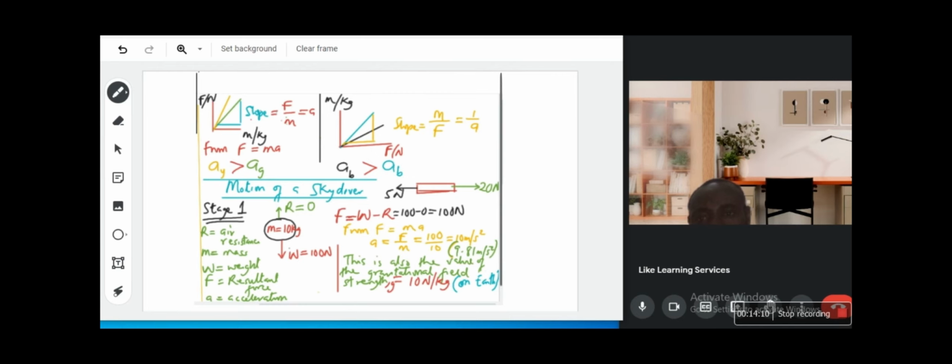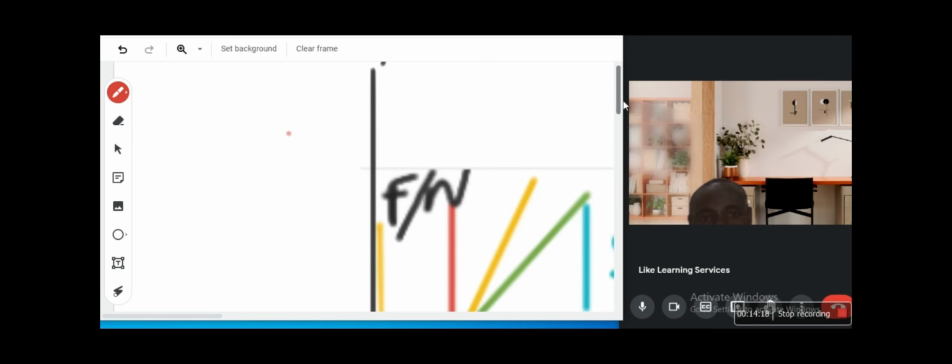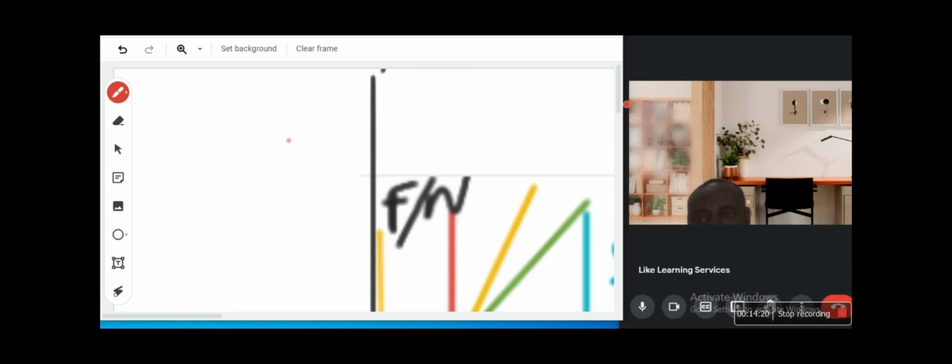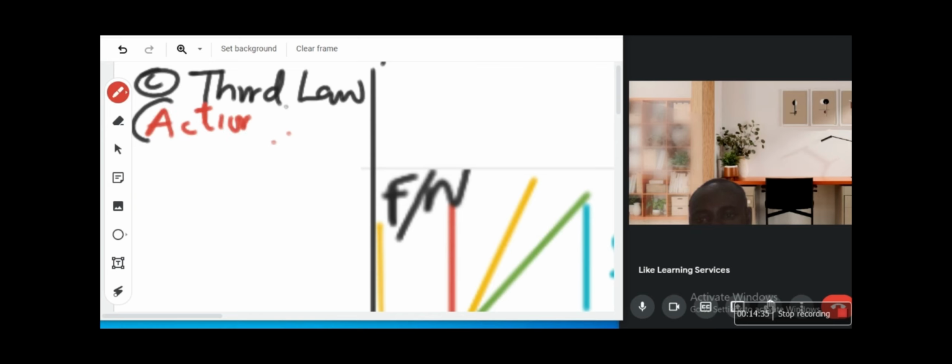So I will just zoom in. Let me zoom into 200%. So, Newton's third law. Third law is about action and reaction force.